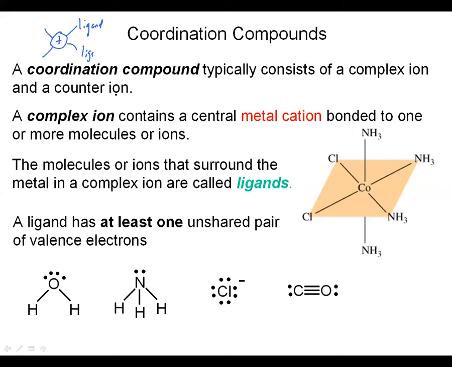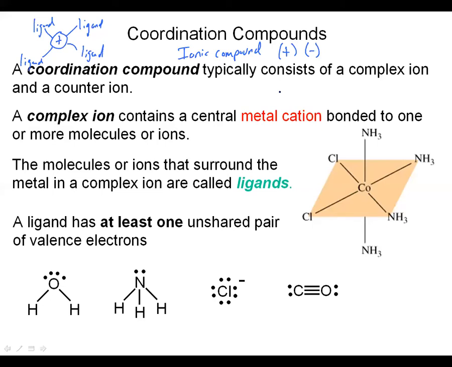When you take a complex ion, it typically will have a charge. Much like an ionic compound, you could think of a coordination compound as very similar. In an ionic compound, there's a positive ion and a negative ion. In a coordination compound, there's also a positive ion and a negative ion, and the other part of that is the counter ion.